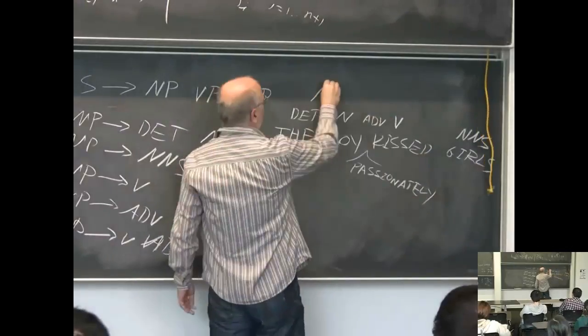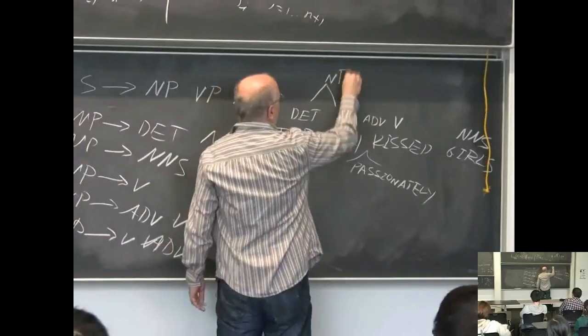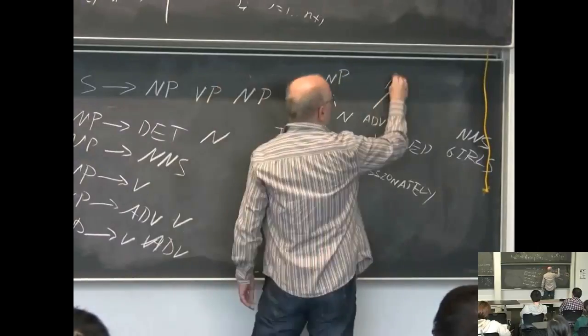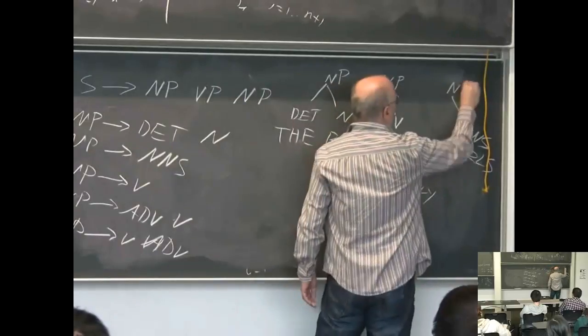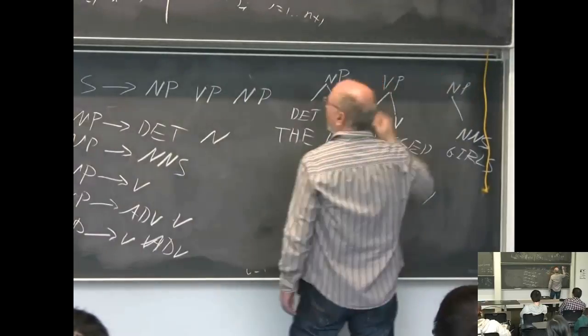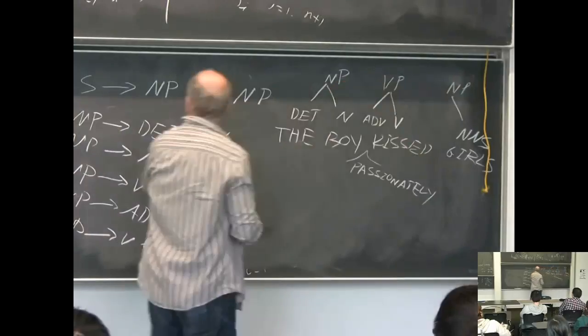The determiner and the noun make a noun phrase. The adverb and the verb make a verb phrase. And the noun, this is a noun phrase. Oh, I'm sorry.